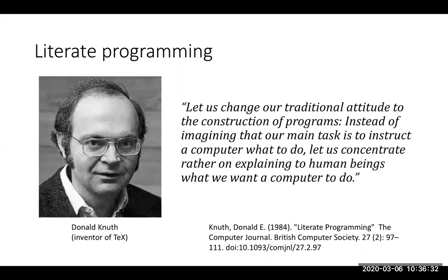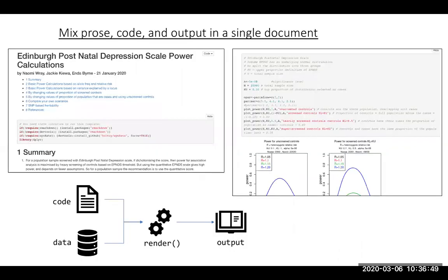The idea of literate programming is to turn that on its head, so that you want the main thrust of your effort to be explaining what your program should do to a human, and then let the code support that effort. A notebook is just a way to mix description, prose, code, and output, including figures, into a single document.